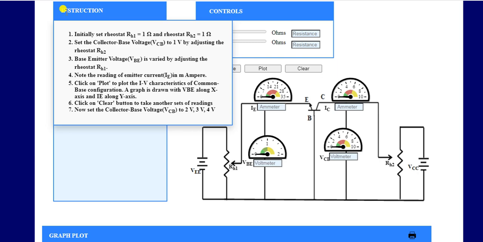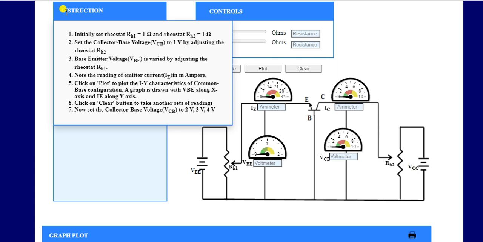Initially we have to set it to 1 volt. Similarly we can change the value of VBE with the help of rheostat RH1. Then we have to measure the value of input current, that is IE. Then click on plot to plot our input current and input voltage characteristics of common base configuration.